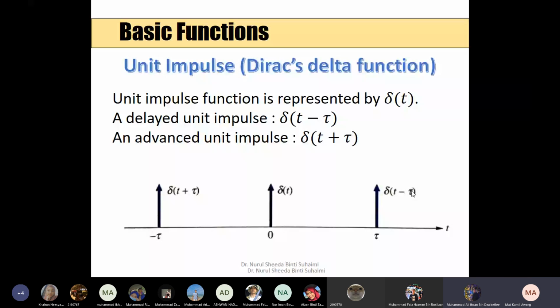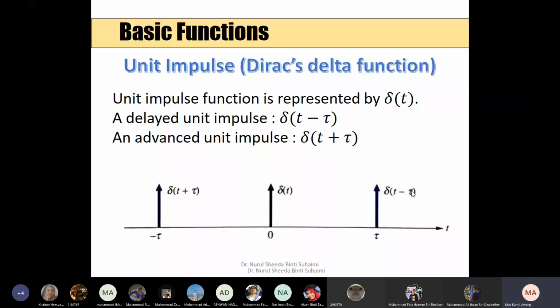When we write delta of t, you should know that it is a unit impulse. As shown in the diagram, it is shown as an arrow. Why does it show an arrow? Because the amplitude of the unit impulse is actually infinity.